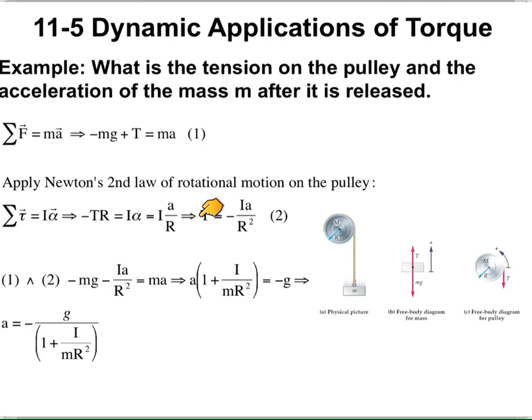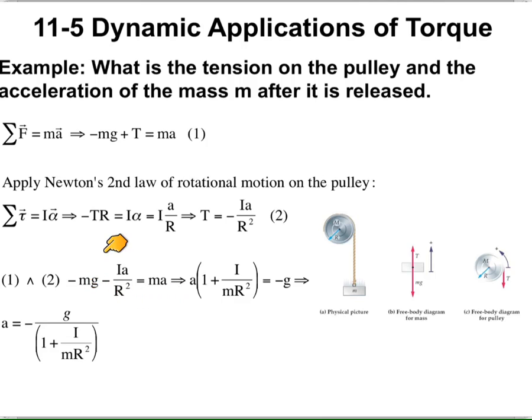So from this, let's choose to solve first for T in the second equation, T in terms of the linear acceleration, the moment of inertia, and the radius. So T is this, and if you put this quantity from the second equation into the first equation, if you replace T by minus I times A divided by R square, you will get this equation.